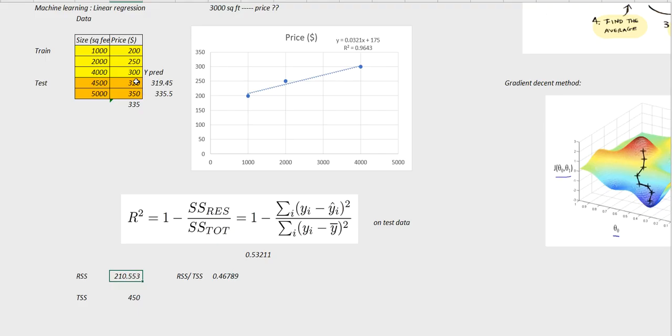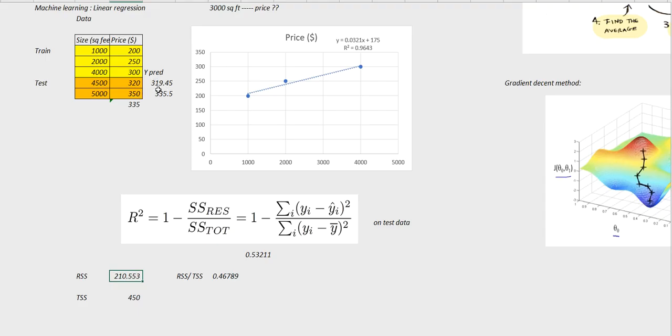I'm just assuming the test data is unknown data for this model. I'm passing this data and I want to predict. So here you can see 320, 350, that is the price I already have, the actual value of the price of that home, and this is the y prediction.